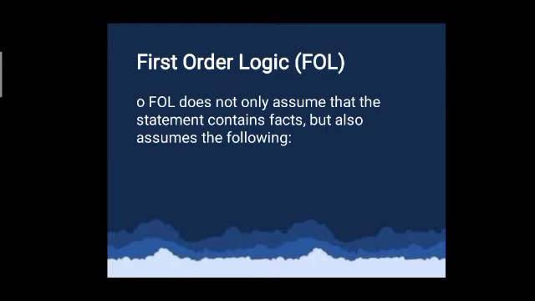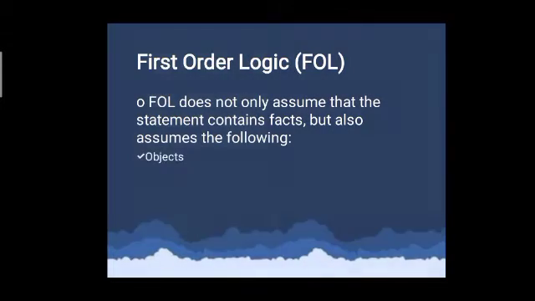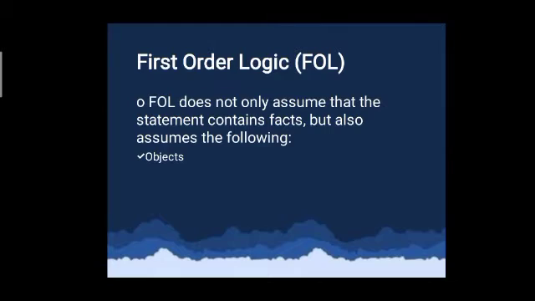FOL does not only assume that the statement contains facts, but also assumes the following objects. So not only the facts. The facts are one thing, and it also assumes the objects.